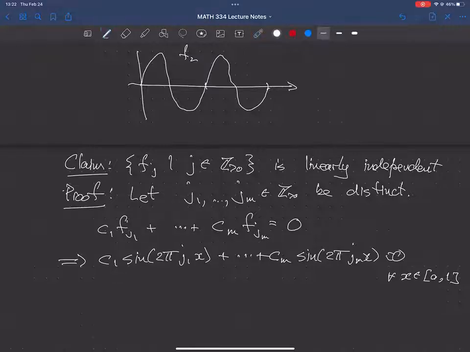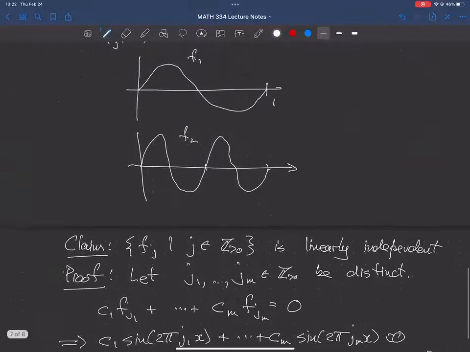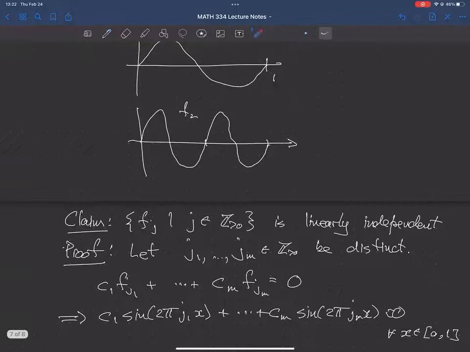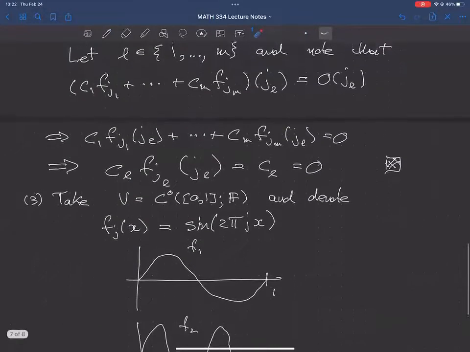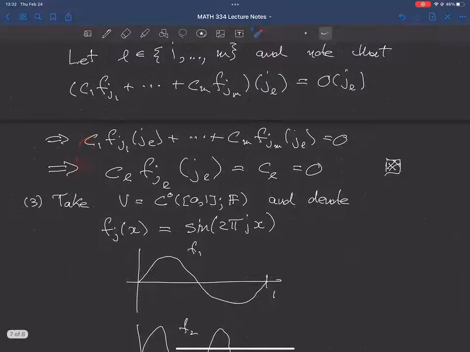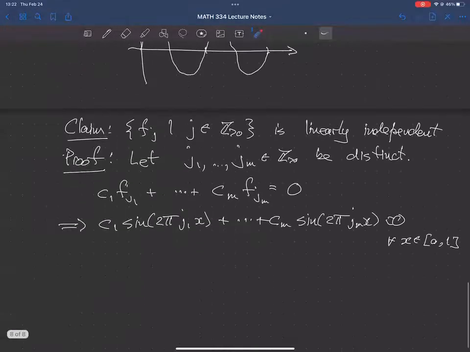Okay. And I'm also using the definition just like I did up here. In going from here to here, I use the definition of scalar multiplication. I'm doing that here as well, in going from here to here.